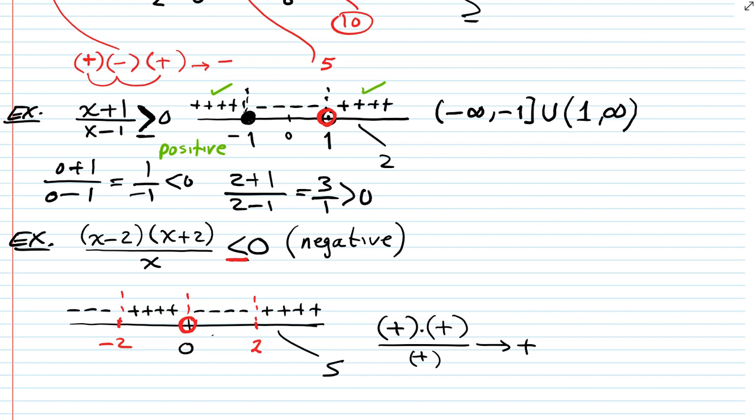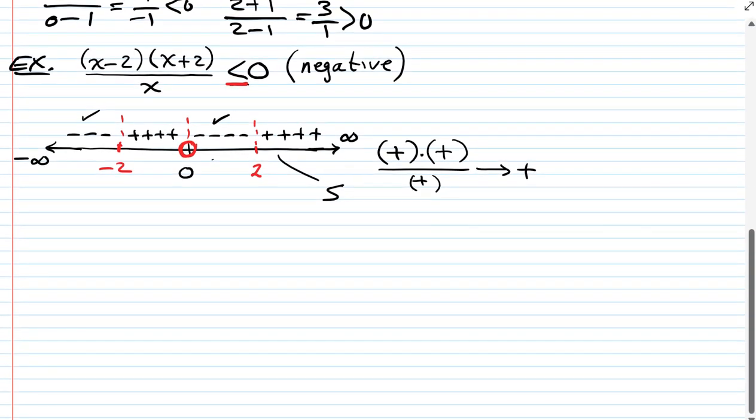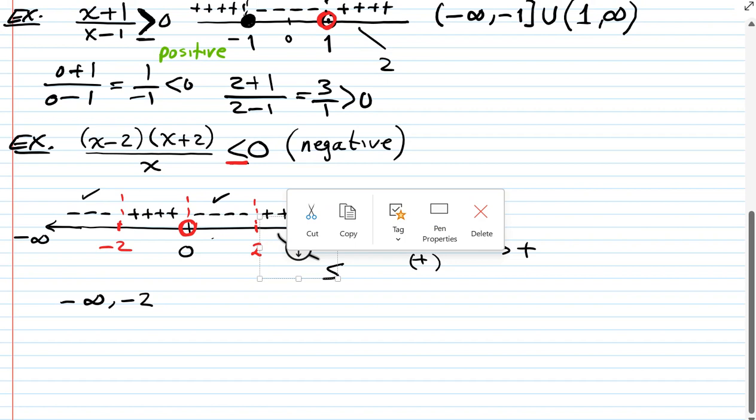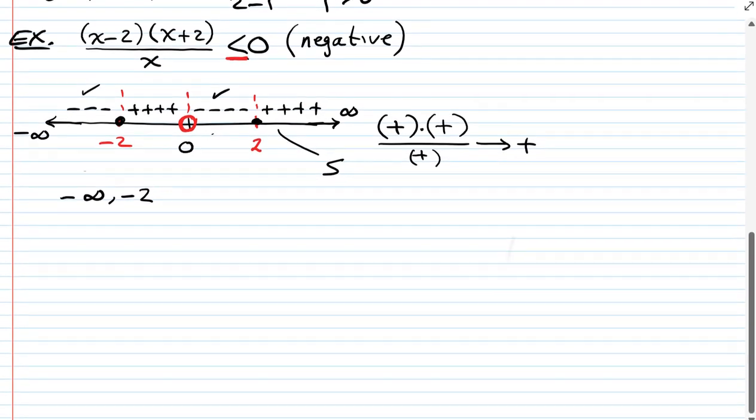Now, we get negative numbers in that segment and in that segment of the number line. And if you throw in infinities at both ends of the number line, it will make your interval notation a lot easier. So for these segments, the interval notation is from negative infinity to negative 2. And remember, at 2 and negative 2, these are in the numerator, so these are solid, right?